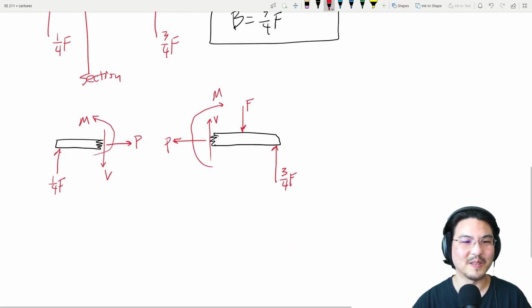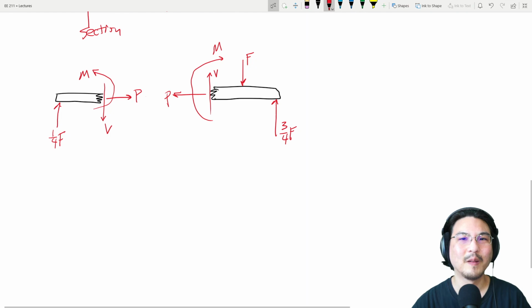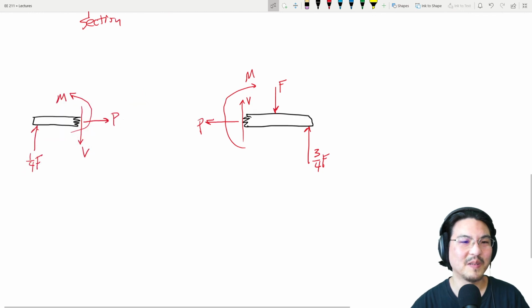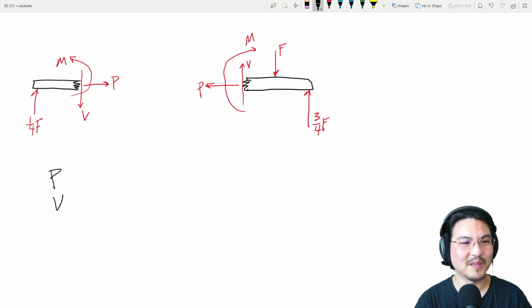Okay, now let's just focus on these free body diagrams. And we want to know, let's solve for the axial force, the shear, and the bending moment.